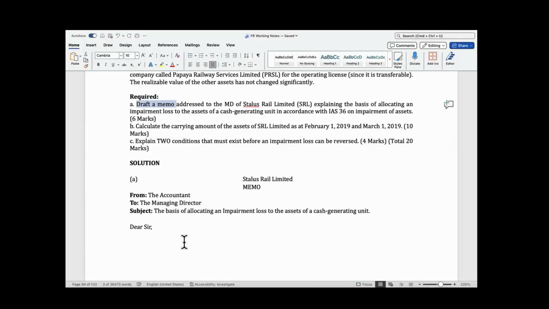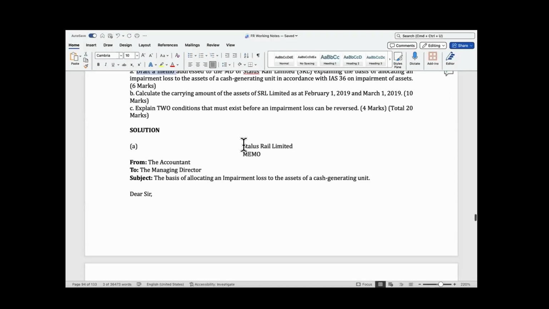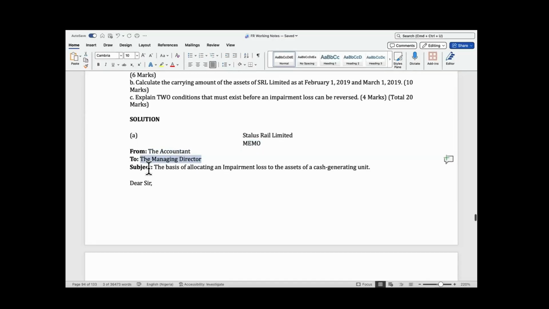So since I was asked to write a memo, the name of the company is not necessary. You don't have to write "memo", but if you wish, fine. From the accountant to the MD, then the subject: the basis of allocating an impairment loss to the assets of a CGU. Dear sir.